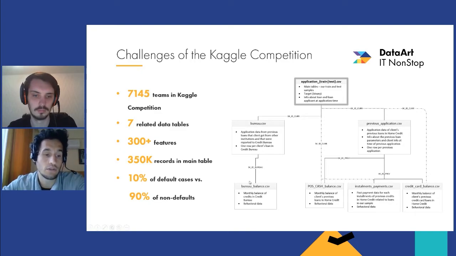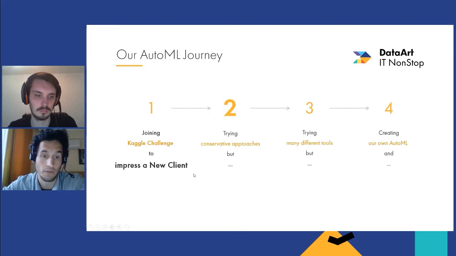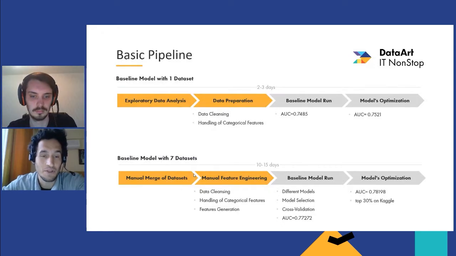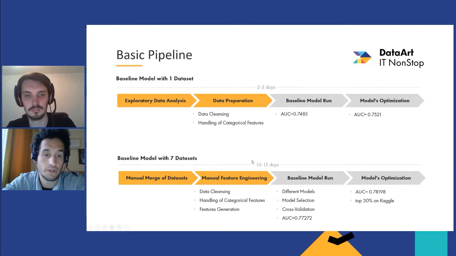And now let's take a look at what we did as a basic step, as step number one. So actually, how did we approach this competition? First of all, we created a baseline model with one data set. Pretty straightforward task.